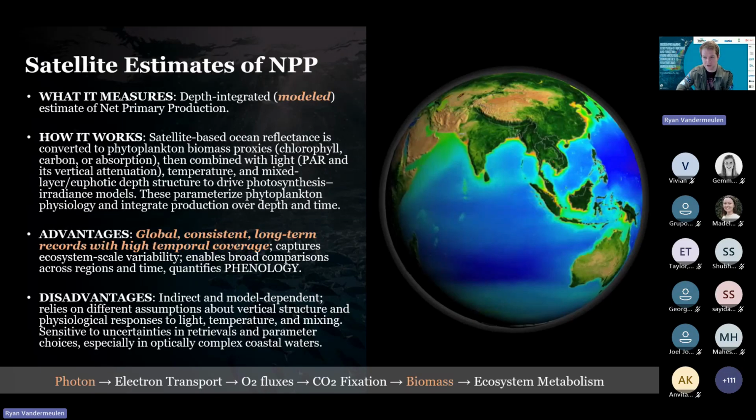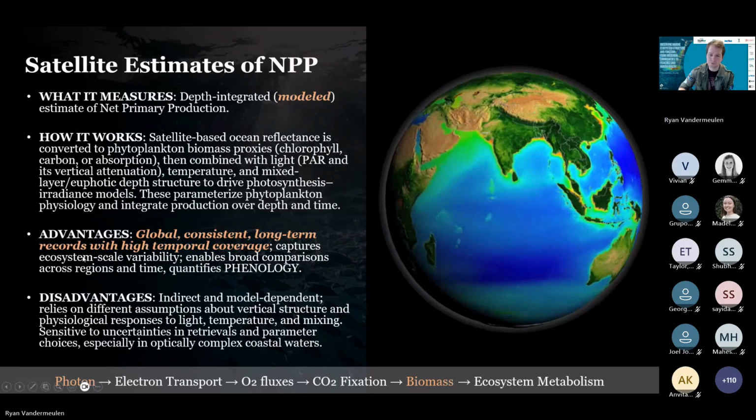Their accuracy depends on both the quality of the satellite retrievals and the assumptions built into the productivity model, particularly how phytoplankton physiology and the vertical structure of the water column are represented. So while satellites give us extraordinary coverage, they ultimately remain connected to the field measurements we've been discussing. Those measurements are what allow us to build, improve, and evaluate these models in the first place.